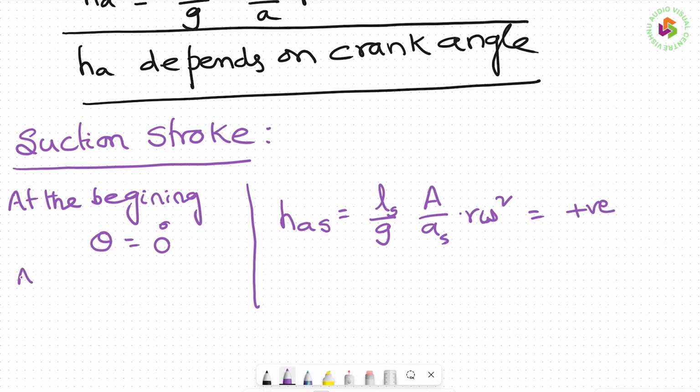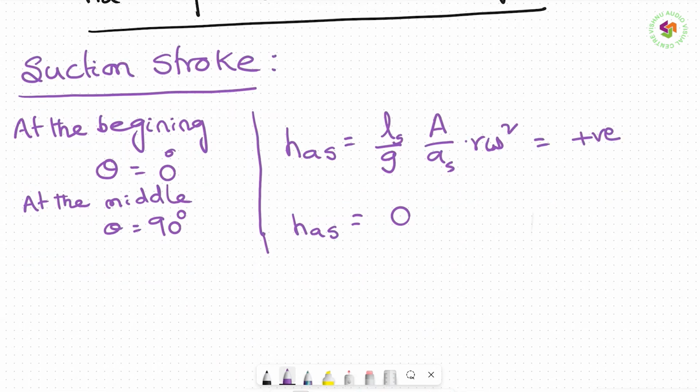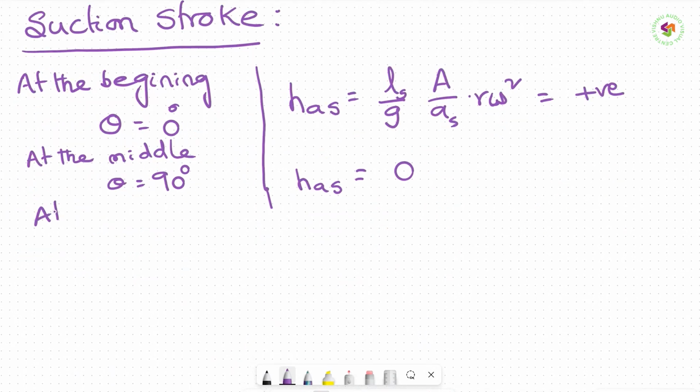Then at the middle, theta is equal to 90. When theta is 90, HAS is equal to 0, since cos 90 is 0. Then at the end, theta is equal to 180 degrees.